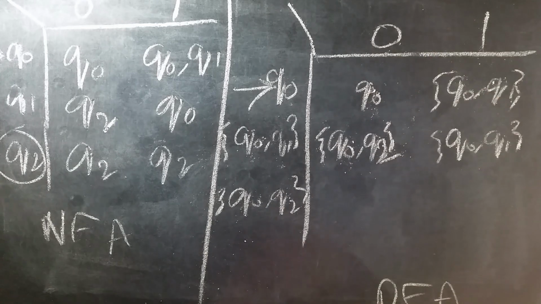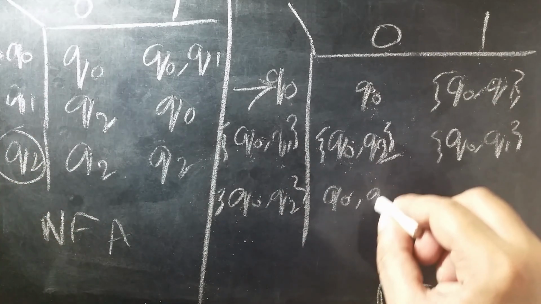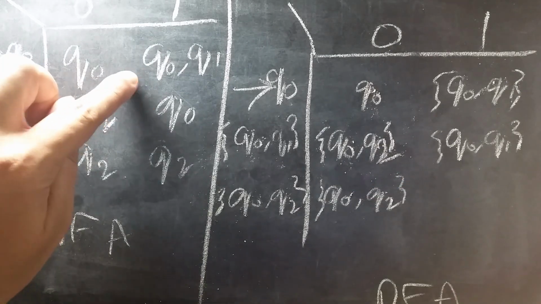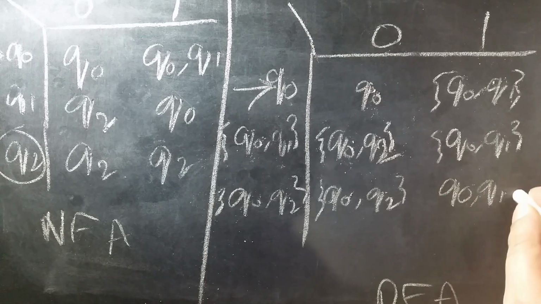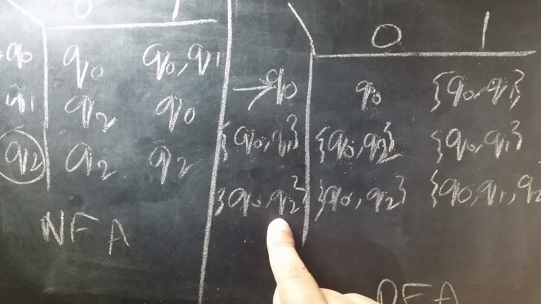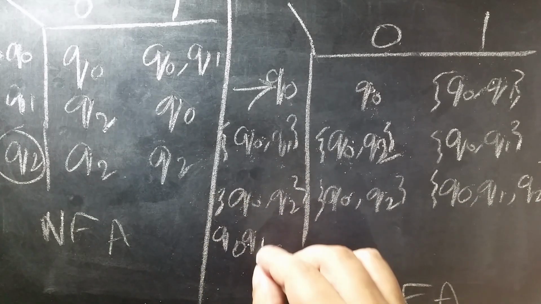Q0, Q2 on 0 will go to Q0 and Q2, and Q0, Q2 on 1 will go to Q0, Q1 and Q2. Q0, Q2 has its row, but Q0, Q1, Q2 does not. So we'll make another row for it.